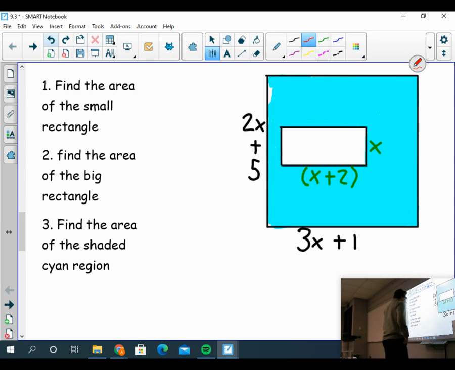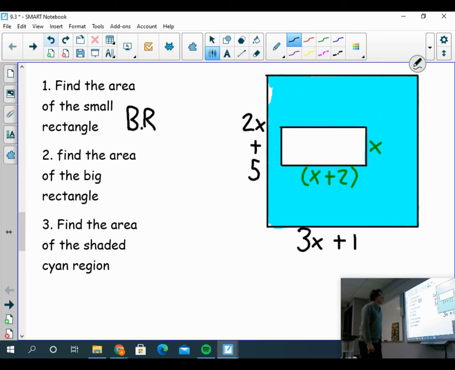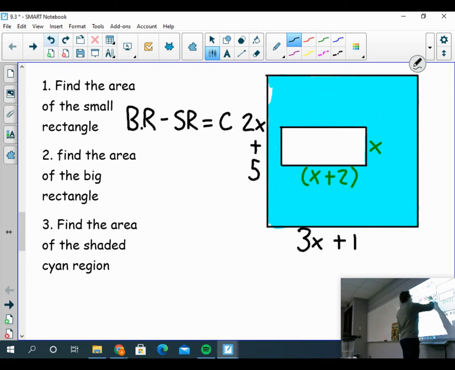If we think about it, it's all the area in the big rectangle, we'll call that BR, minus the white chunk, which is the area of the small rectangle. And that's the cyan region.